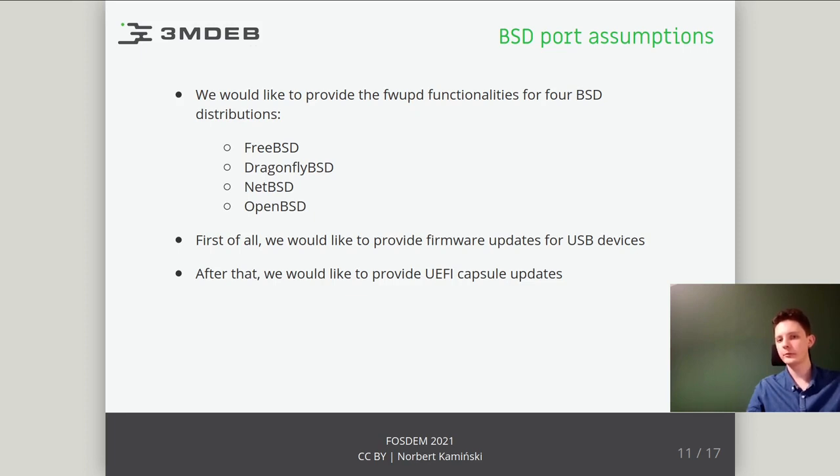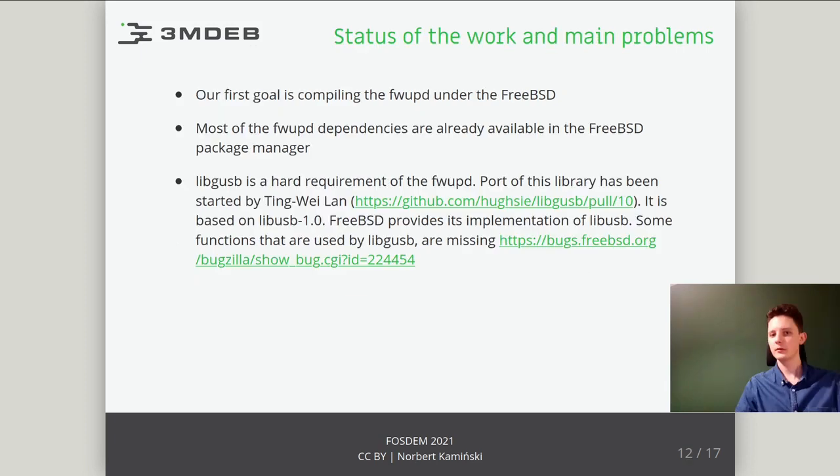After that, we'll implement the UEFI capsule updates for motherboards and UEFI-based devices. Currently, we are trying to compile fwupd under the FreeBSD distribution. Most of the fwupd dependencies are already available in the FreeBSD package manager.